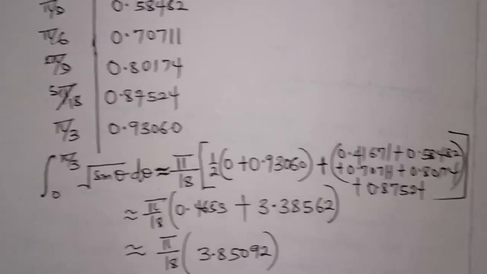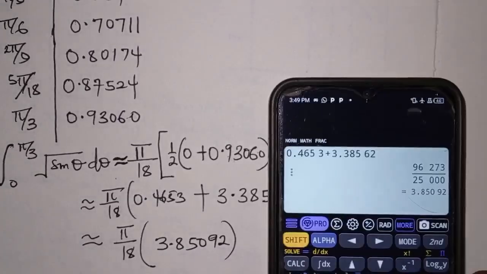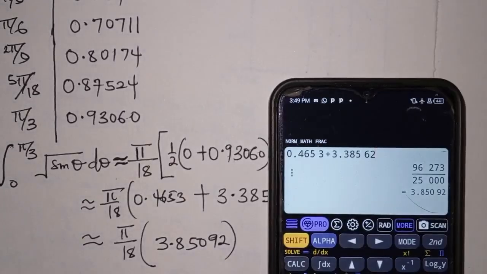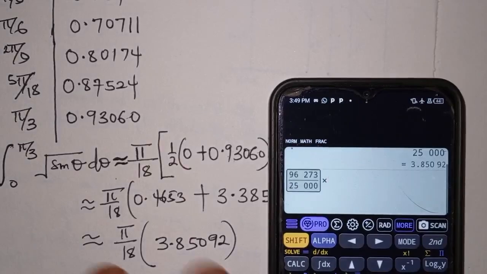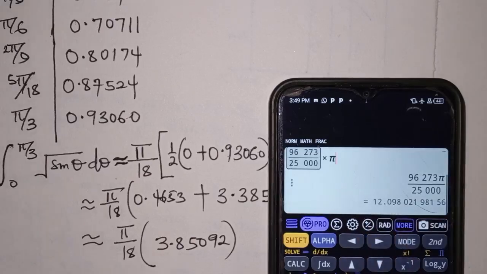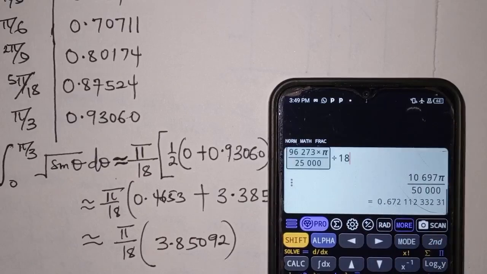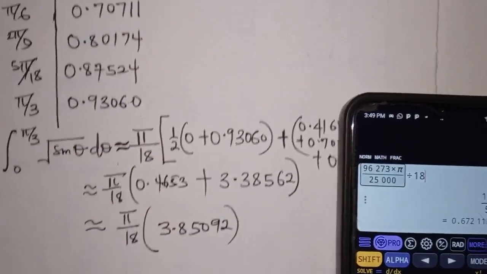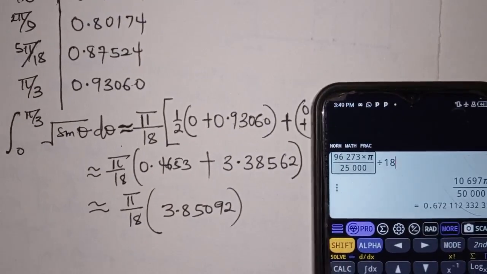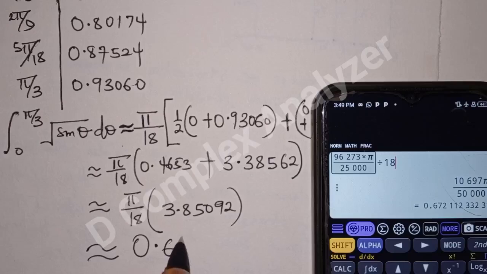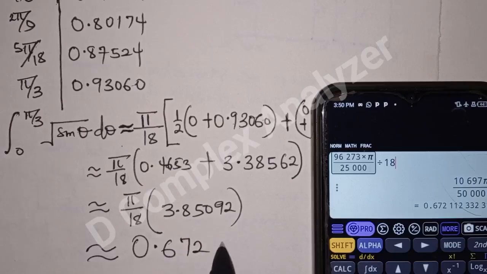So I'm going to say 3.85092 times pi, which is the pi outside, divided by 18, 0.672112, and so on and so forth. So correct to 3 decimal places, this integral is approximately equal to 0.672 to 3 decimal places.